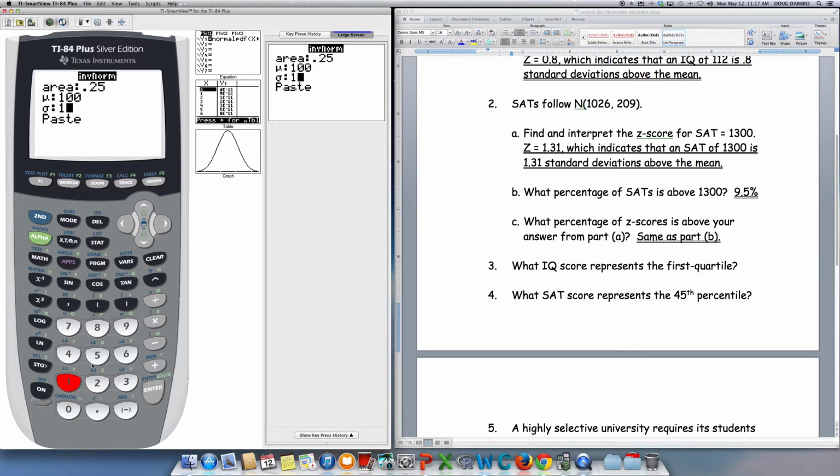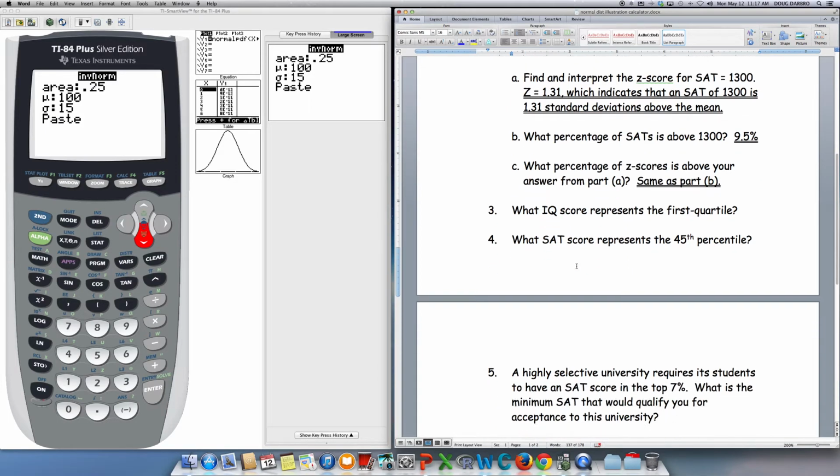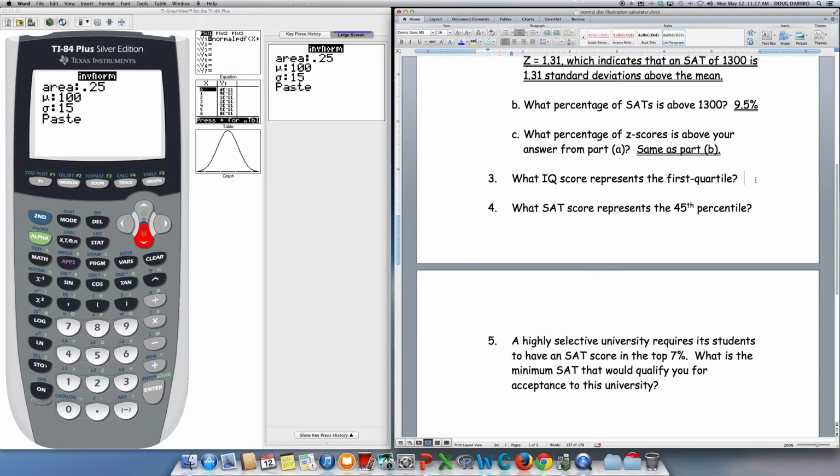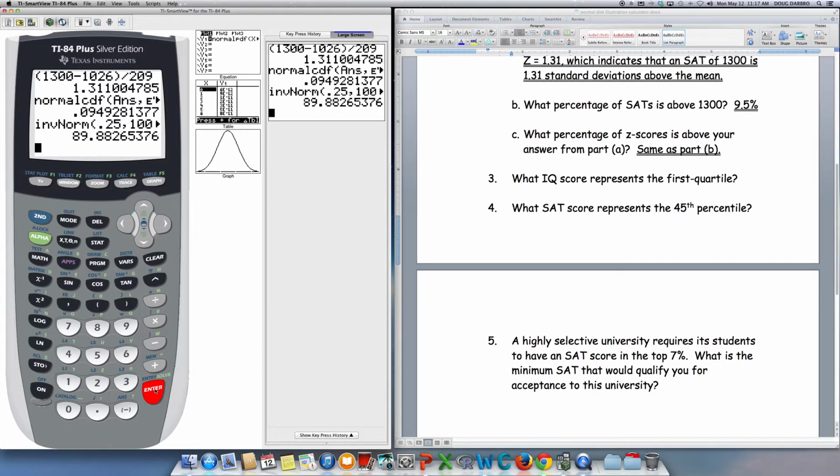And I want to add here, if I were giving this problem to students, I would not present the question just as that. I wouldn't expect them to remember the mean and standard deviation of IQ scores. I would give that information to them in the problem. But we're not high school students here, so go on to paste. Hit enter.